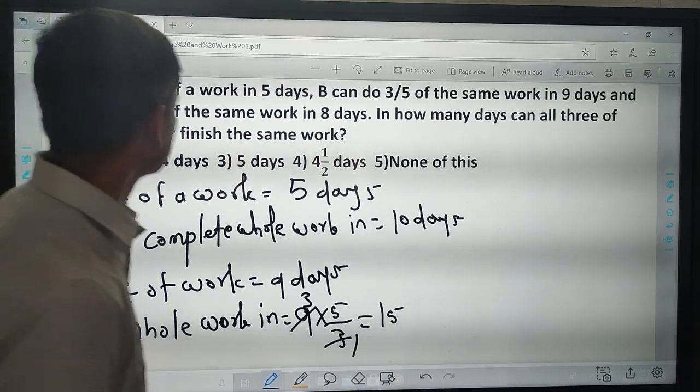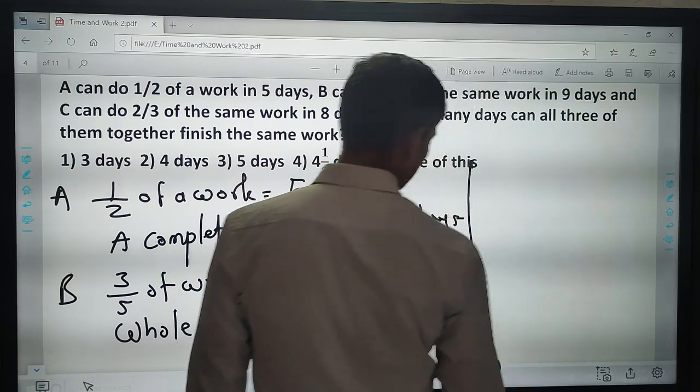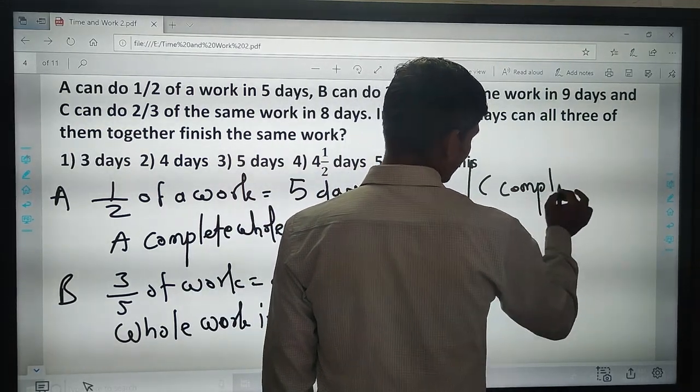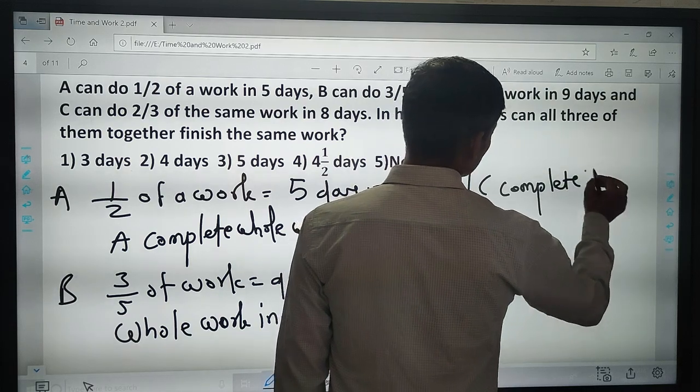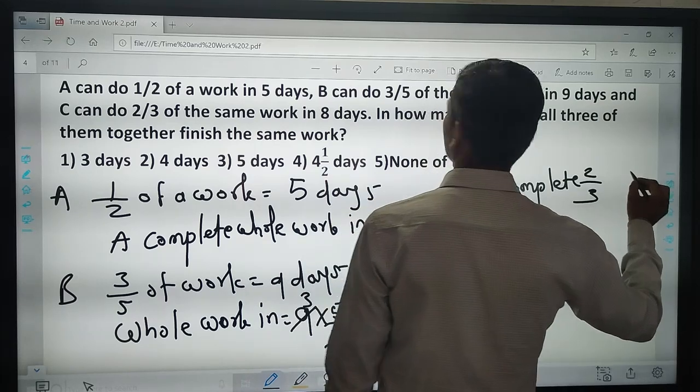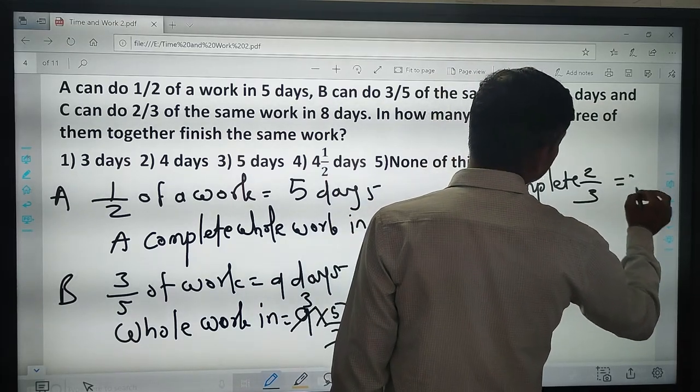Now here, same, C completes 2/3 of the work in 8 days.